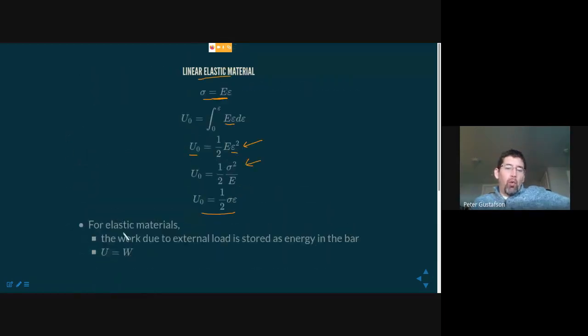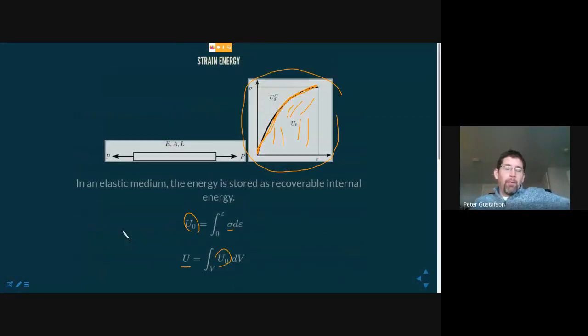One of the final statements that I believe we made, correct me if I'm wrong, was that as we are applying a load and we get deformation, the load at the point of application is doing work. And the energy associated with that work gets stored as energy under the curve.